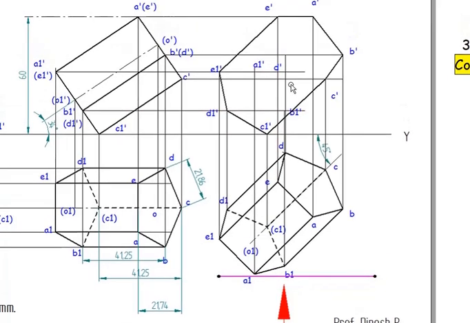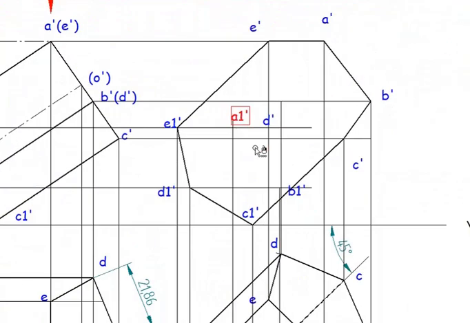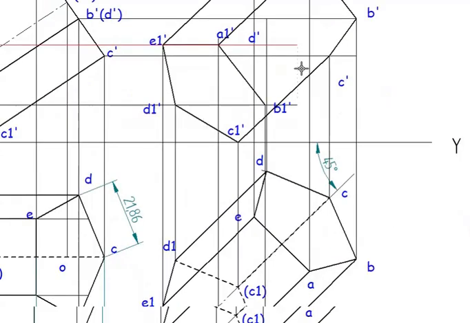So the lines joining A1 must be in thick lines. A1 is joining to A dash, A1 is joining to E1, then A1 is joining to B1.